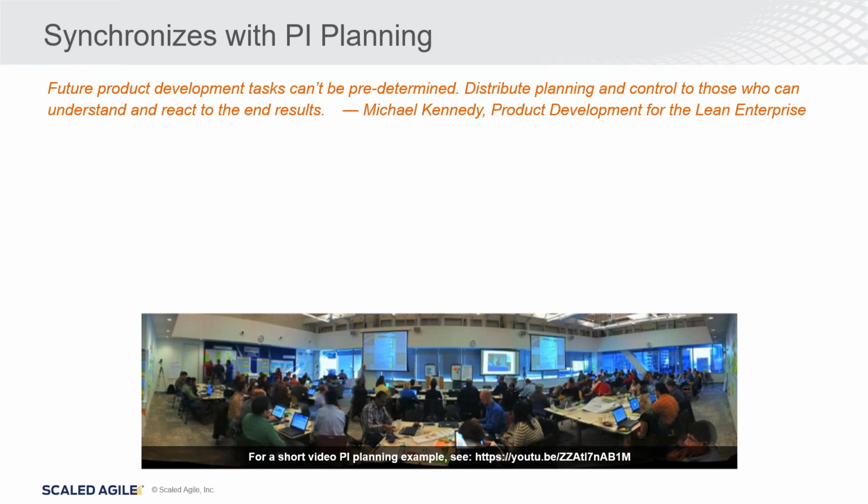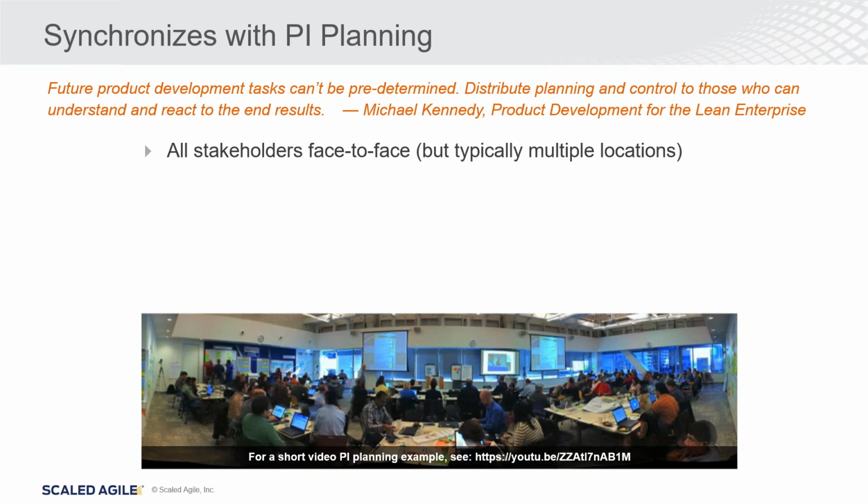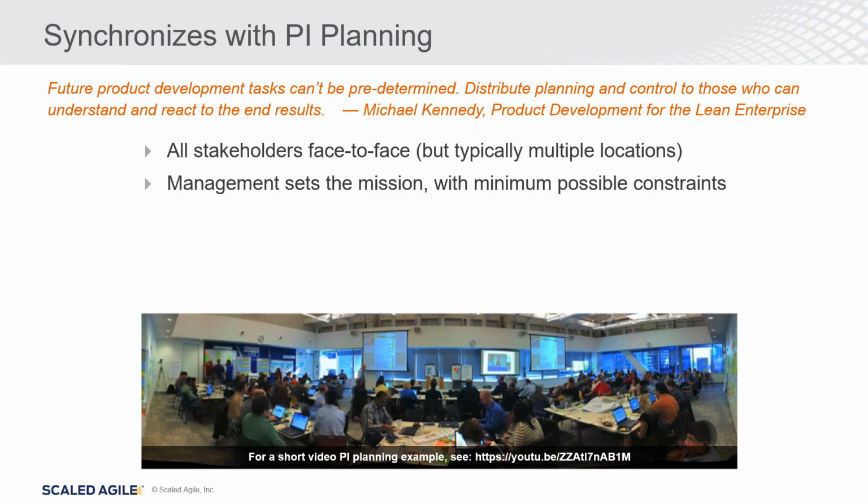And we perform synchronization. We ensure that everyone's synchronized by what's called PI planning, or program increment planning. And that's where all of the stakeholders come together. Usually it's best to have that face-to-face in one large room. And management sets the vision and expectations of what's going to happen on this program, as well as with respect to the next program increment.